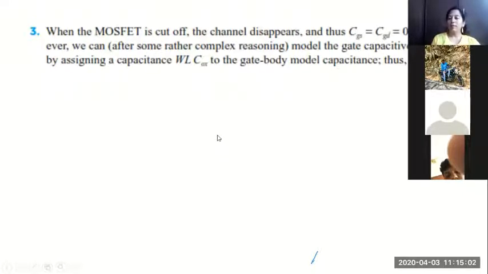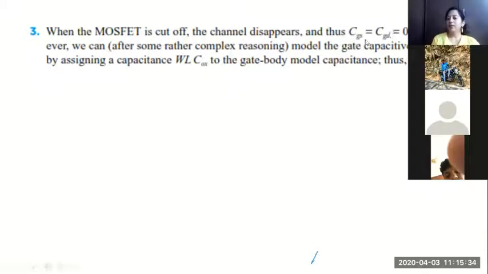Now, third point, there is another additional capacitance which appears due to the gate, and this happens when the MOSFET is cut off. Remember, cut off means the device is completely in switched off mode. In the sense, whatever VDS or VDD you apply, there is no current flowing. So when the device is in cut off, the gate voltage is less than threshold, it will remain in cut off.